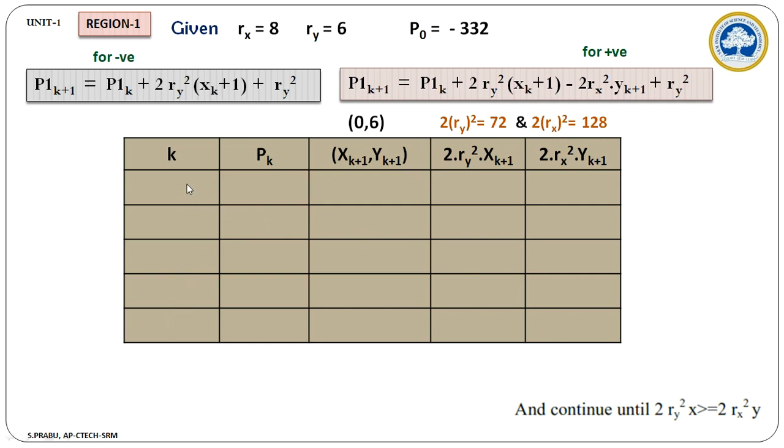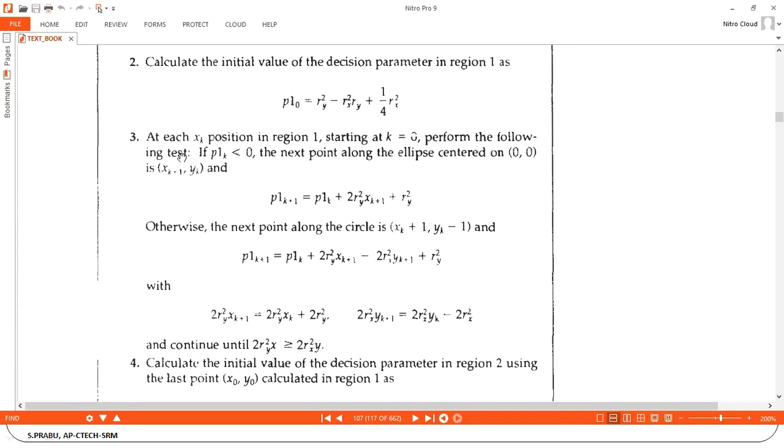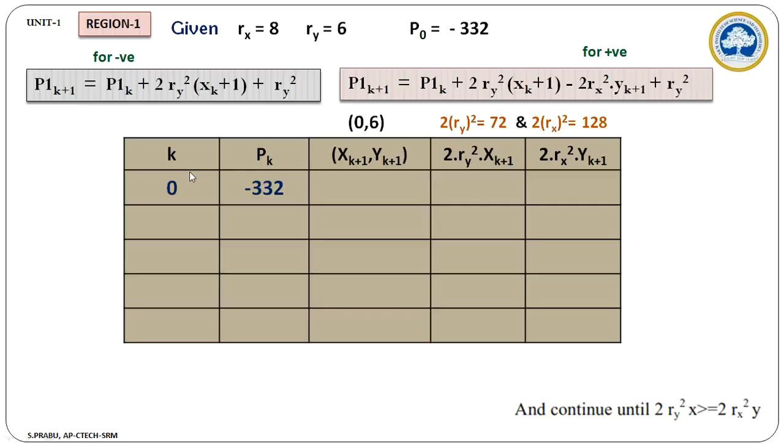For the first step, k equal to 0, and we already calculated the initial decision parameter, that is minus 332. This value is negative. So we use this formula, that is, increment the x coordinate value and keep the same y coordinate value. So the next coordinate values are 1, 6, and we calculate this value. So 2ry square is 72.